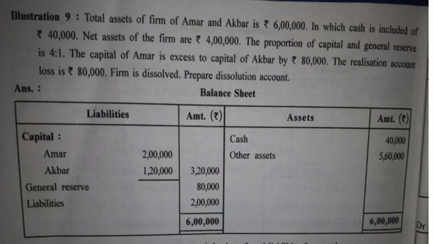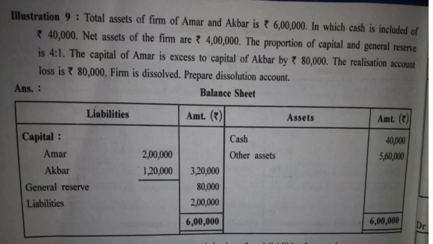If you remember how to deal with the balance of general reserve at the time of dissolution, it is to be credited to partners' capital accounts in their profit loss sharing ratio, which is 1:1 taken here because it is not mentioned in the sum.